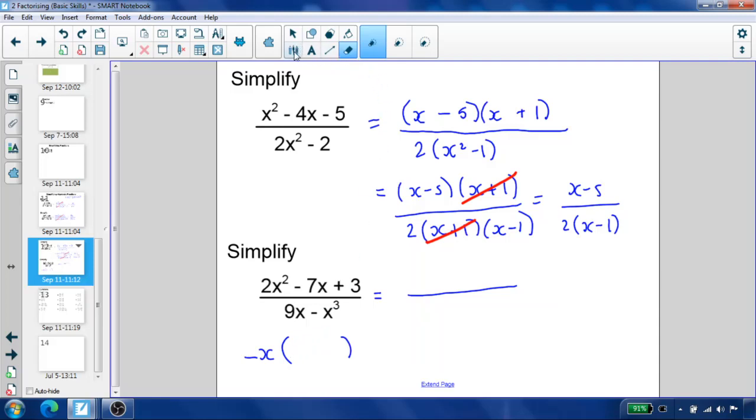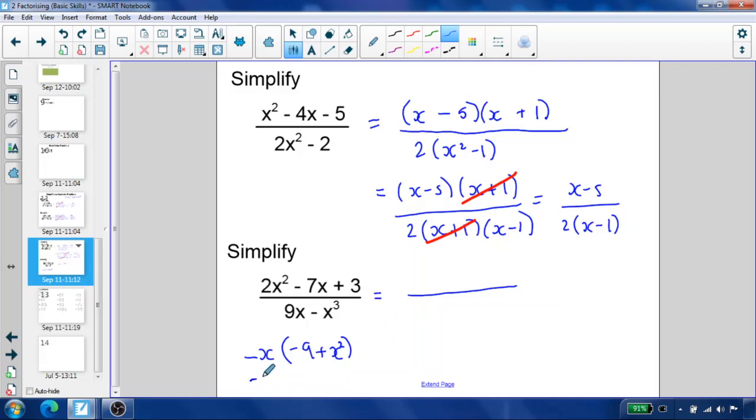So if I have a think about it now, minus x times minus 9 will give me a positive 9x, and minus x multiplied by x squared will give me a negative x cubed.